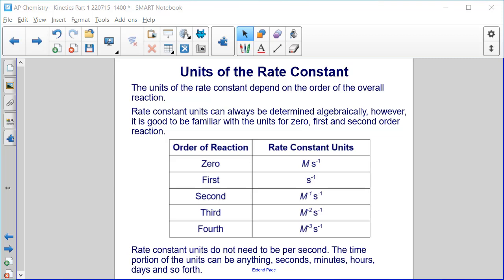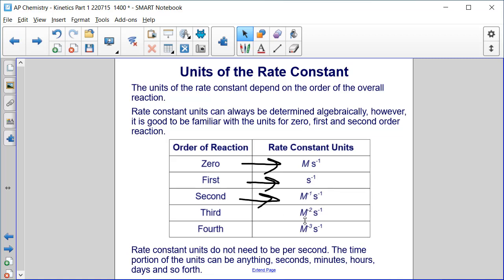The units of the rate constant depend on the order of the overall reaction. Rate constant units can always be determined algebraically. However, it is good to be familiar with the units for 0, first, and second order reactions. So I have listed the rate constants for 0, first, second order.